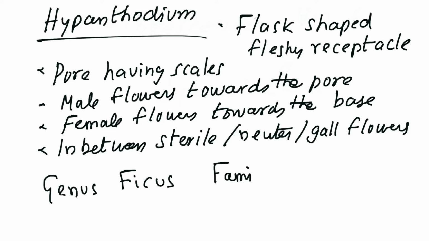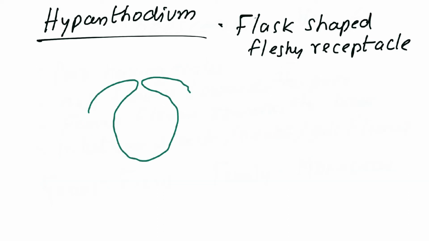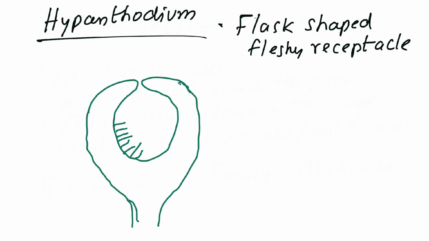So you have either the sterile, the neuter, or the gall flowers in between the male flowers on the upper portion and the female flowers on the lower portion. And this type of development is usually seen in the genus Ficus. It's in the family Moraceae.